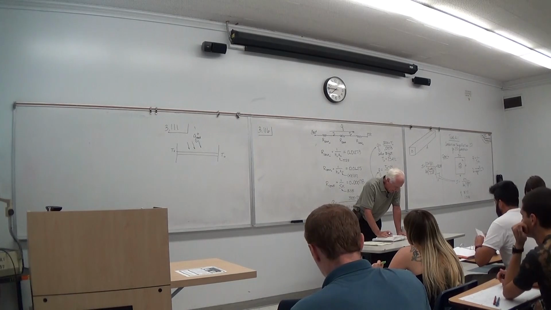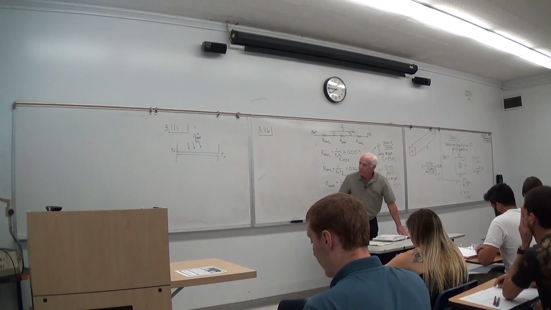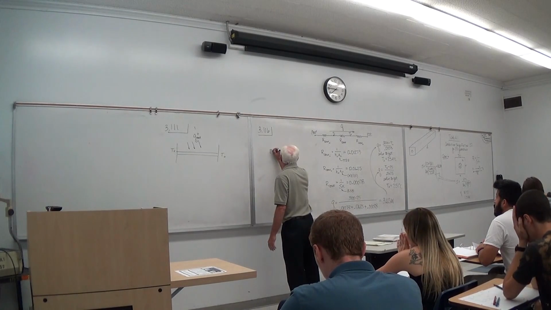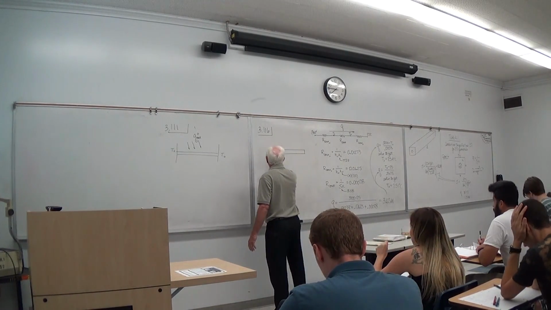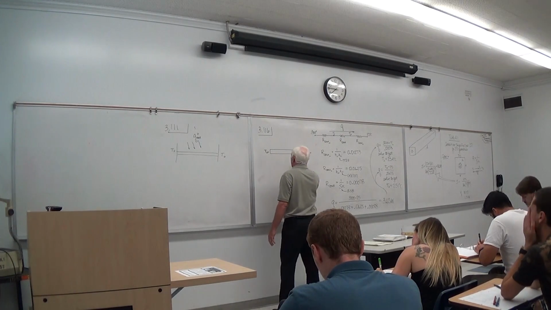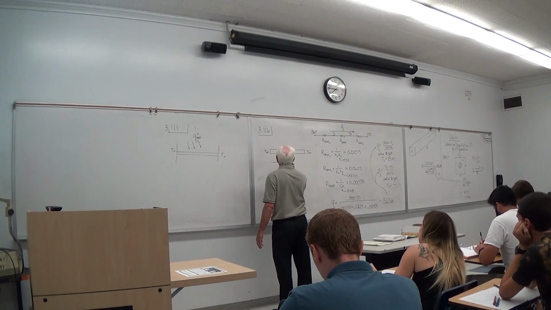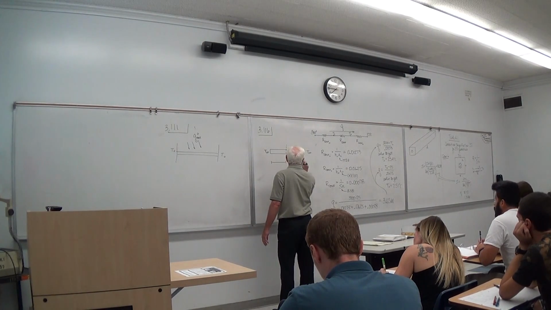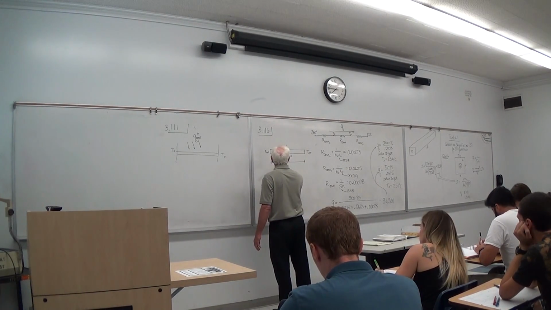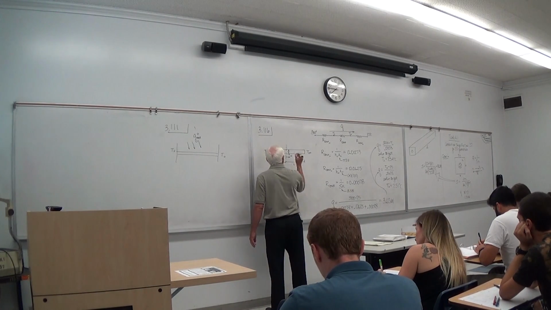The ends of the wire at X plus or minus L are maintained at T infinity. All right, the wire generates Q dot.